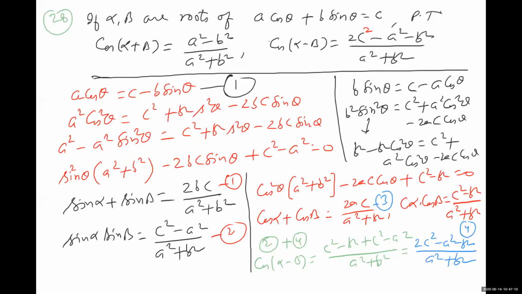Then you can get tan alpha by 2 first, and from that you can calculate cos(alpha plus beta) by another method using another set of formulas. So this is your question number 28.